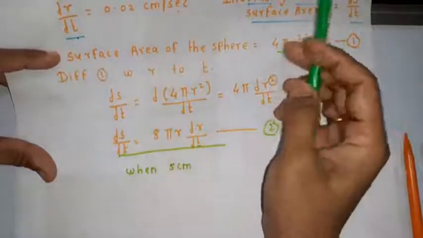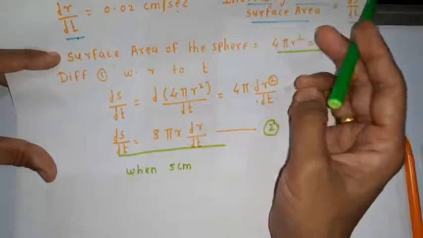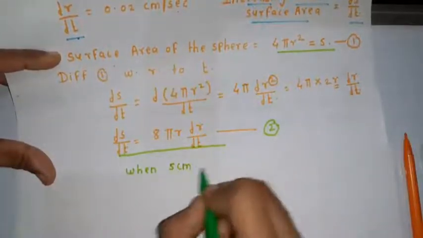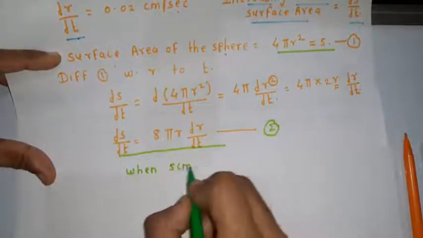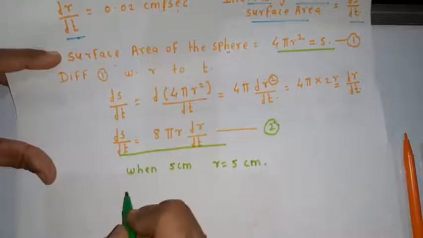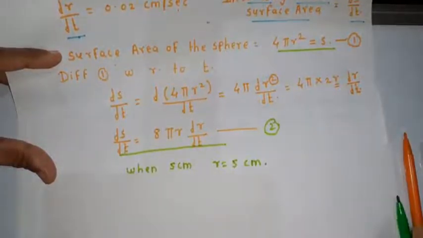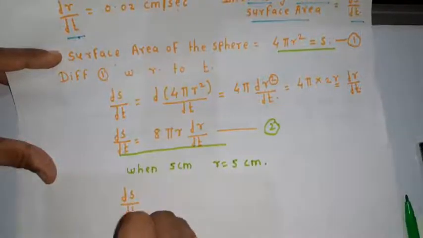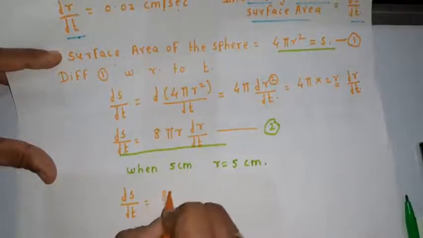That is the problem that we have to find out. Okay. So put r equal to 5. Radius equal to 5 means r equal to 5 cm. Okay. And therefore here ds by dt equal to 8 pi.